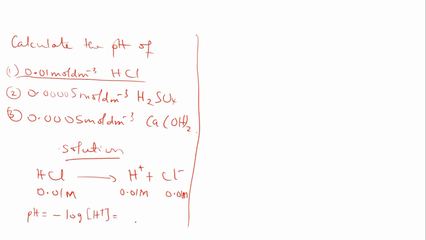And so that's going to give us minus log 0.01. And that's going to give us 2. Now for number 2, or H2SO4, we have 2H plus.